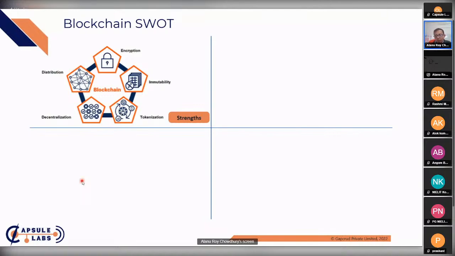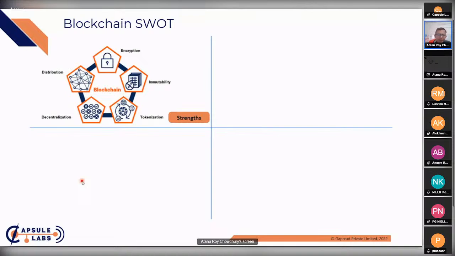So there are applications that leverage the immutability part of it. Then there are applications which leverage the tokenization part of it. How do I use the same infrastructure to create new NFTs and all of that? So those are tokenization-centric applications.